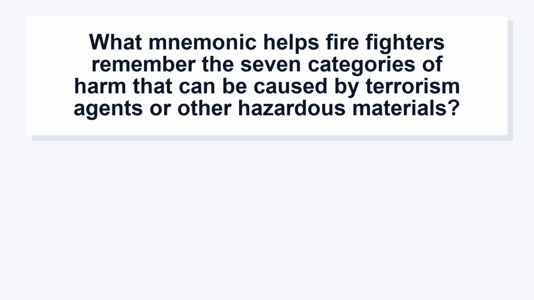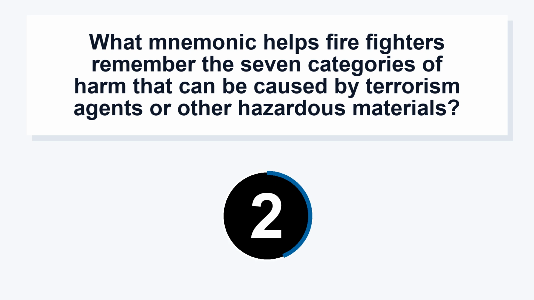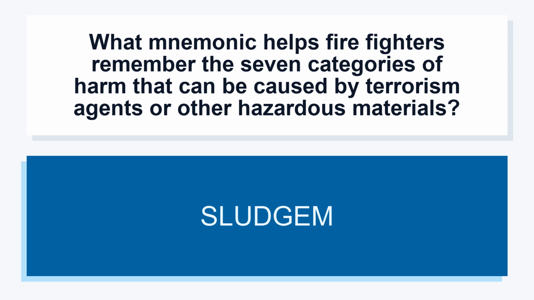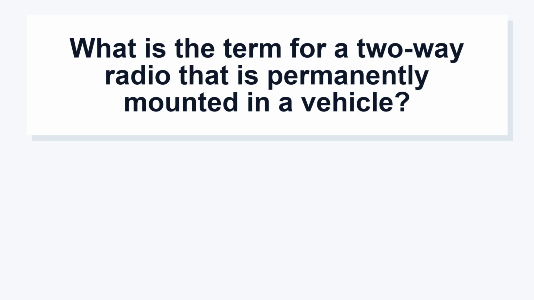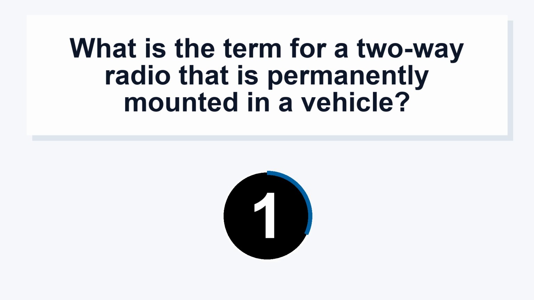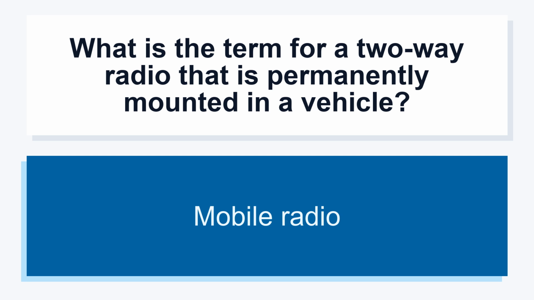What mnemonic helps firefighters remember the 7 categories of harm that can be caused by terrorism agents or other hazardous materials? Sludge M. What is the term for a two-way radio that is permanently mounted in a vehicle? Mobile radio.